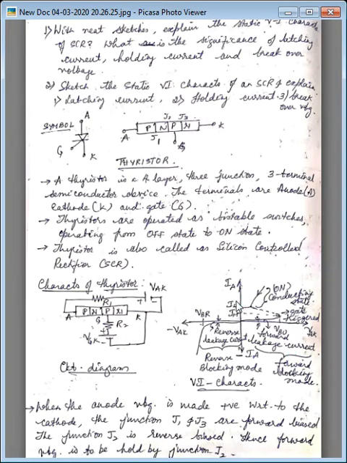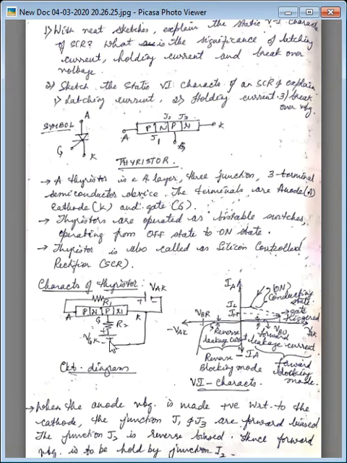After it reaches the VBO level, you cannot apply more than that voltage level. It remains as it is, but in turn we apply the gate voltage.